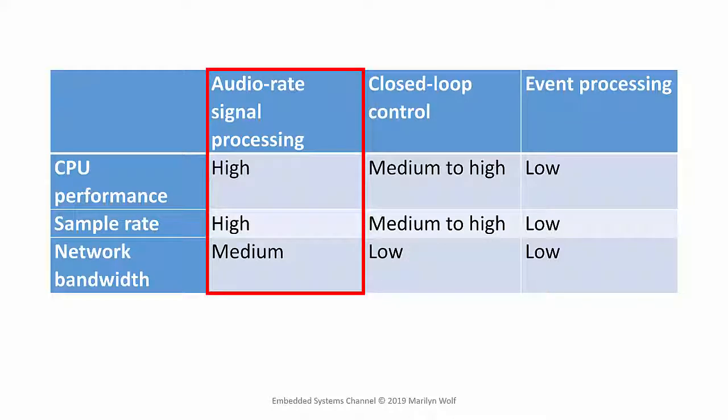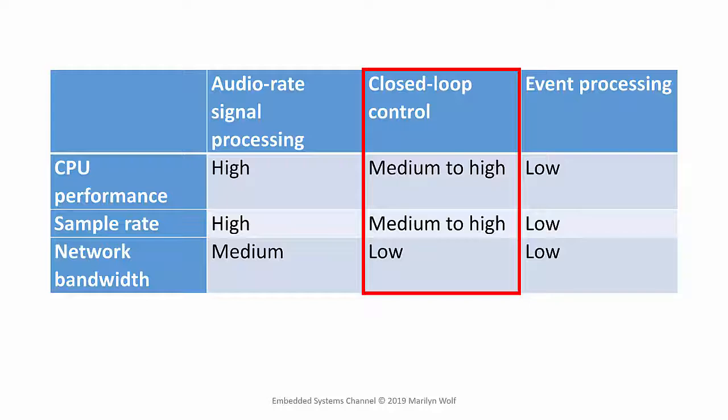For example, audio rate signal processing often requires high CPU performance, in part because it needs a high sample rate to provide high quality audio. Any network connection often uses medium amounts of bandwidth. A closed loop control system often requires medium to high CPU performance and a medium to high sample rate, perhaps somewhat lower than high quality audio, but depending on the application, perhaps at that rate.